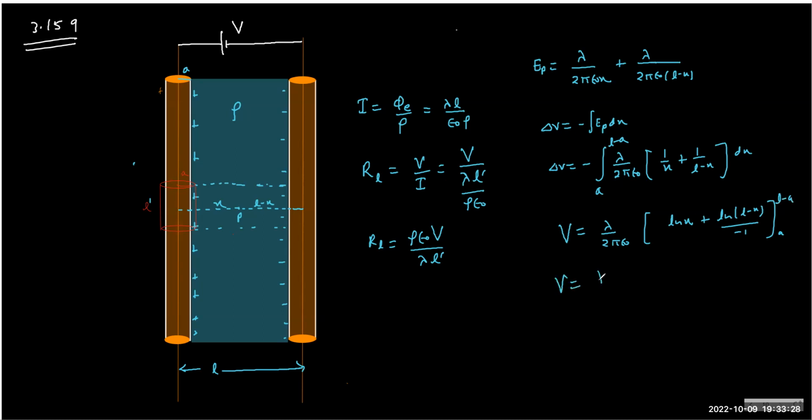So V turns out to be lambda by 2 pi epsilon naught, ln x upon L minus x, from A to L minus A. This is a better way of getting the answer. How much is it coming?